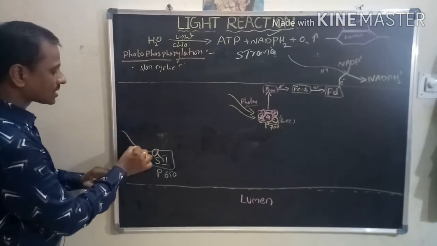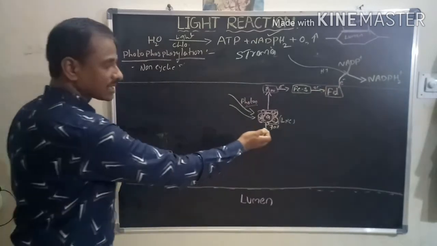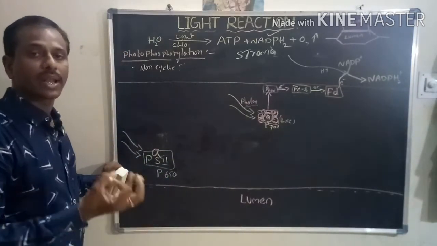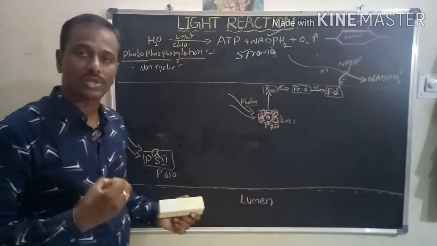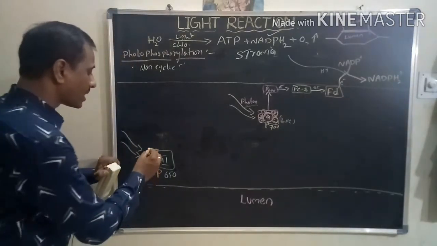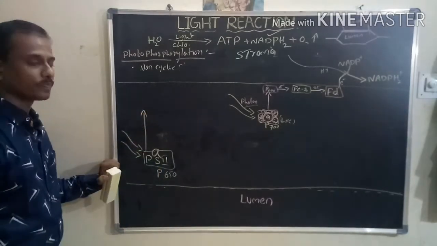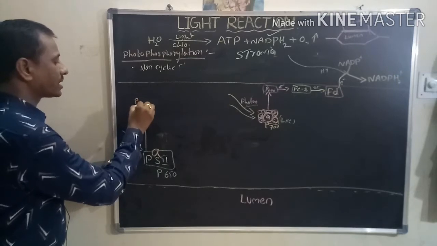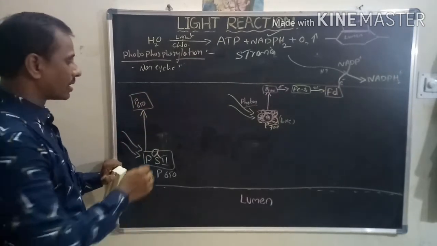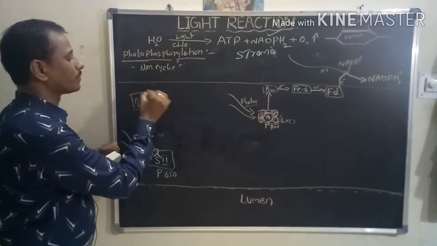When the chlorophylls receive the light energy, as here in P700, the P650 also receives the light energy, that means photon energy. It goes to the excited state. In the excited state, the PS2 photosystem releases its outer valency electron.